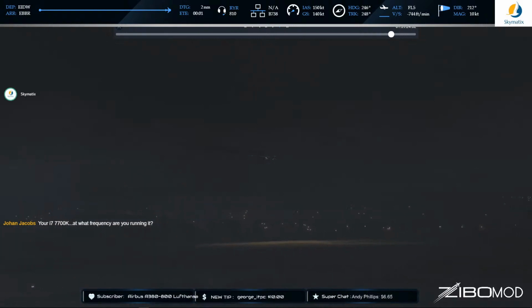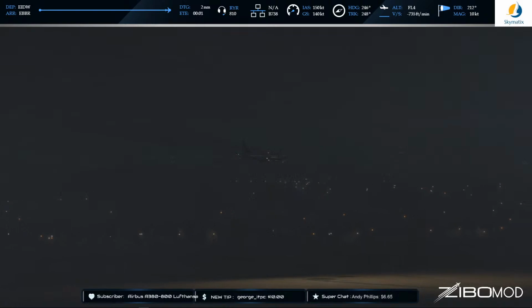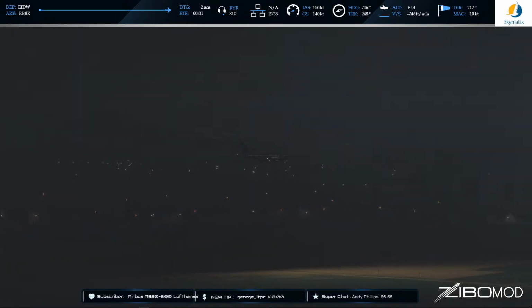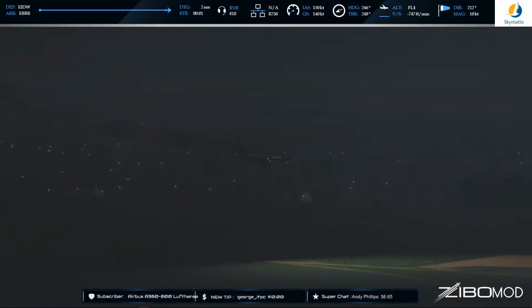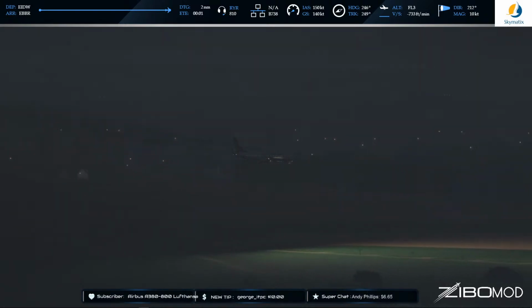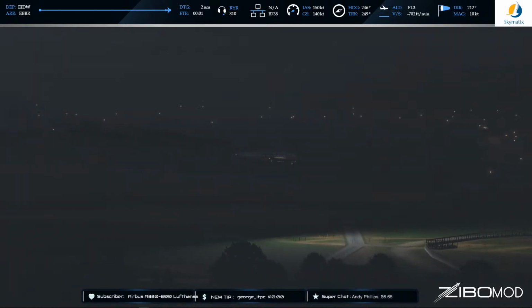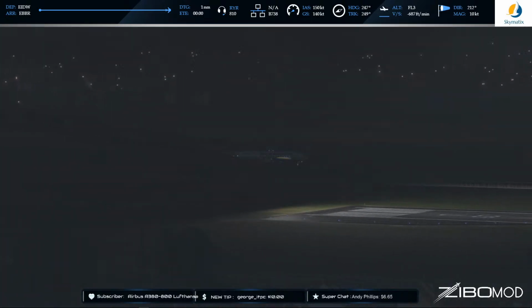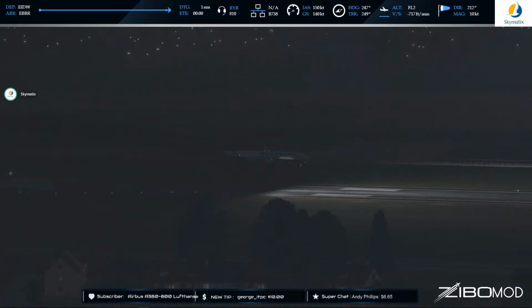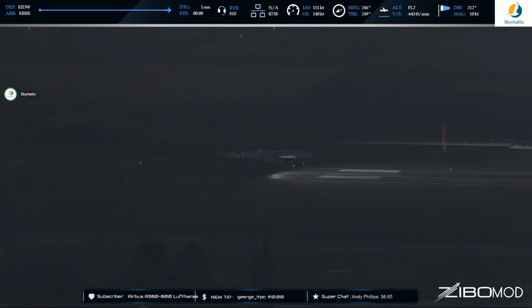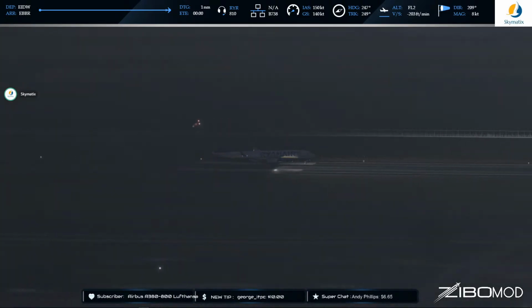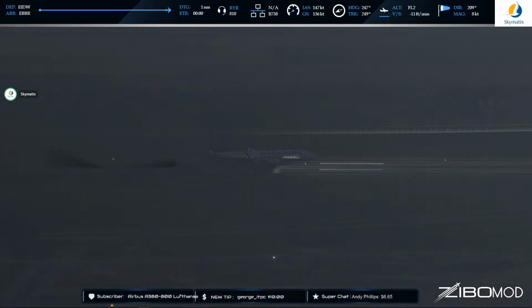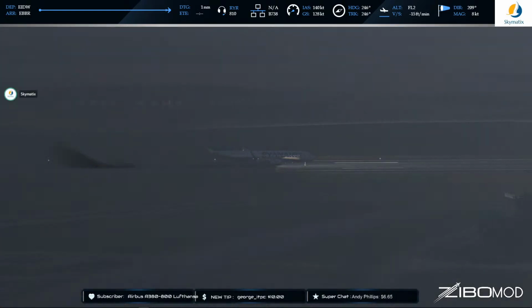Makes no sense to me. Right, so the next flight will be exactly the same flight, but this time I'm going to do it in OpenGL and then we can compare the actual frame rates and things that way as well.